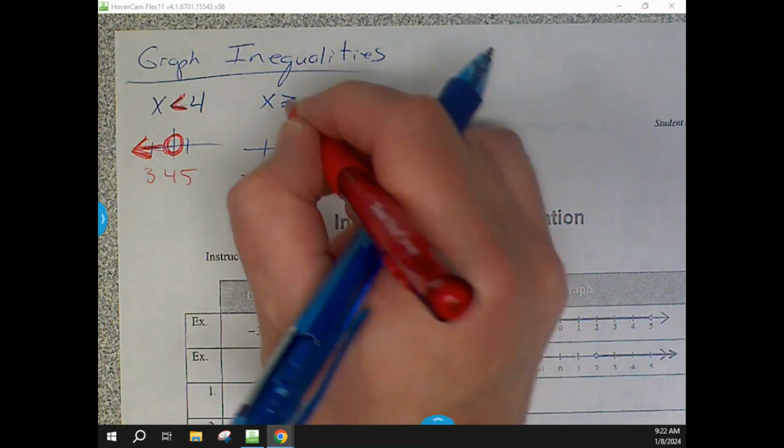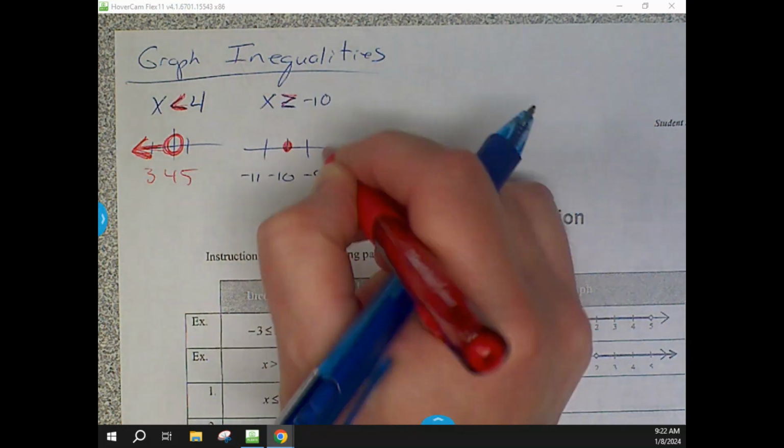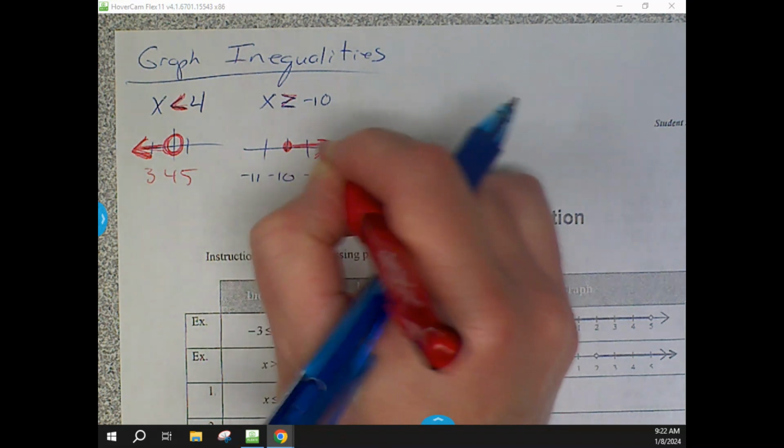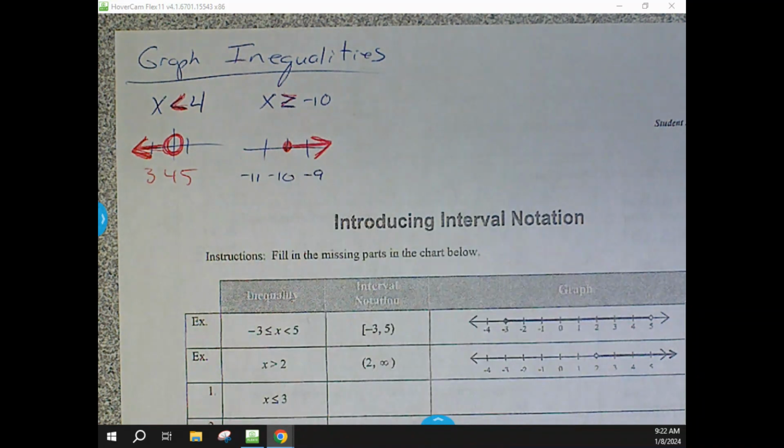Right? And again, the arrow is pointed this way. So same thing over here. When you graph this, the arrow has got to point that way. And that only works as long as you put the variable first. If you put the variable first, the arrow always goes the same way when you go through these. Okay, so that's what we were doing before when you were graphing inequalities.